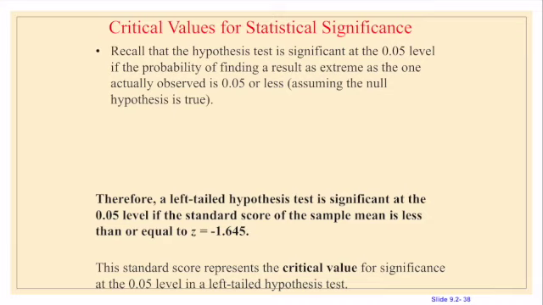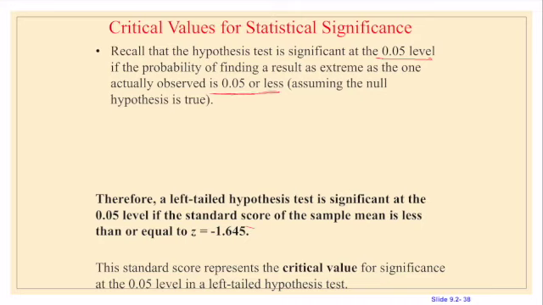So, recall a hypothesis test is significant at the 0.05 level if the probability of finding a result as extreme as the one that's actually observed is 0.05 or less, and we assume the null hypothesis is true. So for a left-tailed hypothesis, at the 0.05 level, we would need a z-score of less than or equal to negative 1.645, because if I have a z-score of negative 1.645, the area right here is 0.05.